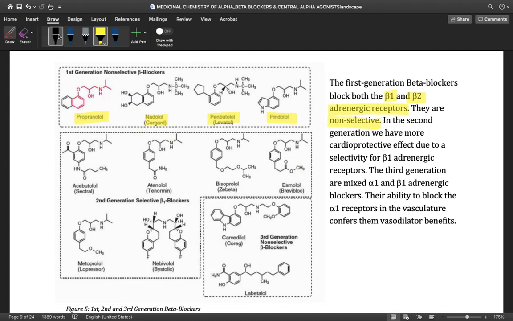Now the second generation specifically binds to the beta 1 receptor. So drugs such as metoprolol, for instance, bind specifically to the beta 1 receptor, a beta 1 blocker. And then the third generation have both alpha 1 and beta 1 adrenergic blocking activity.